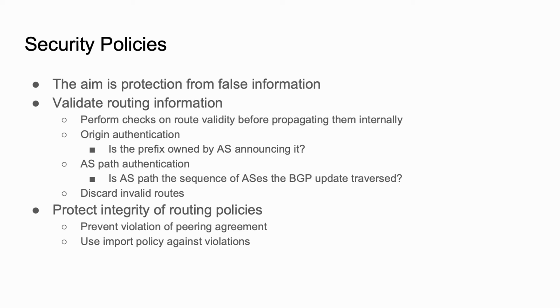Moreover, a Tier 1 ISP should not accept any routes from its customers that contain another Tier 1 ISP in the AS path. Second, ISPs delete or rewrite attributes to protect integrity of routing policies. This prevents peers from violating peering agreements by wrongly configuring attributes to certain IP addresses. The same can be done for other attributes, yet this does not prevent all violations of peering agreements.